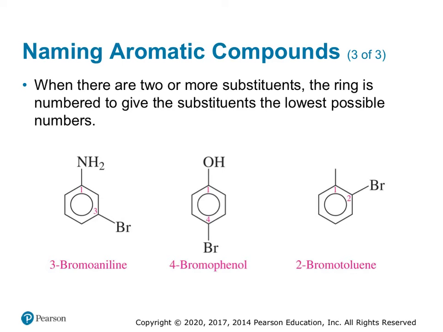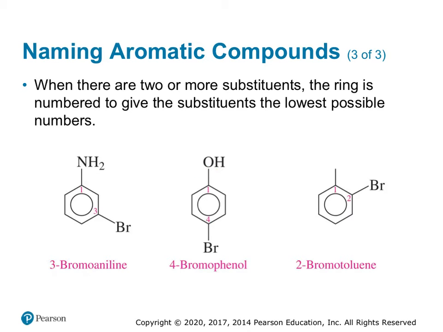When there are 2 or more substituents, the ring is numbered to give substituents the lowest possible number. So here this NH2 group was aniline. The bromo is at position 3, so it's 3-bromoaniline.